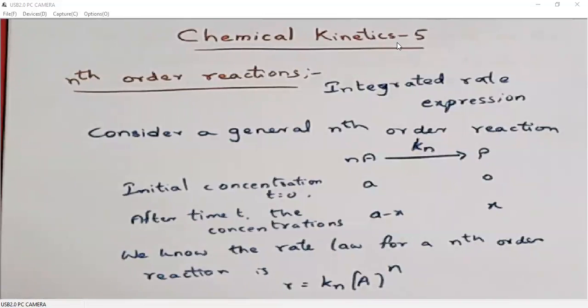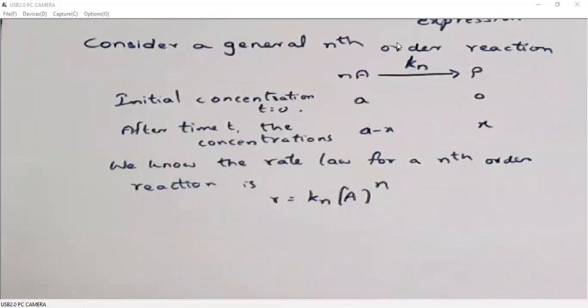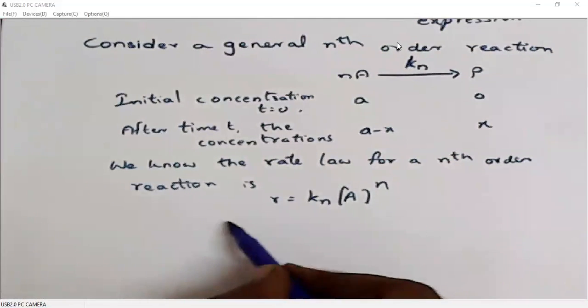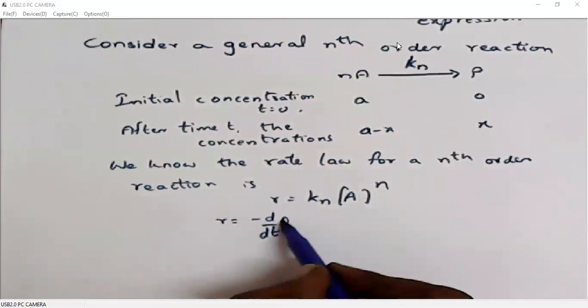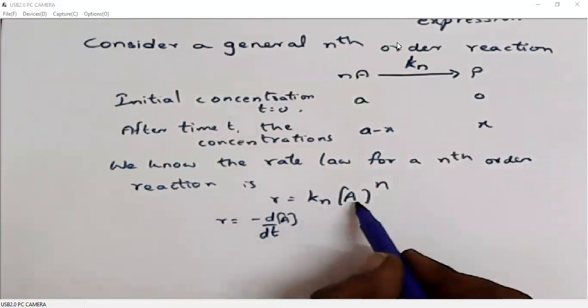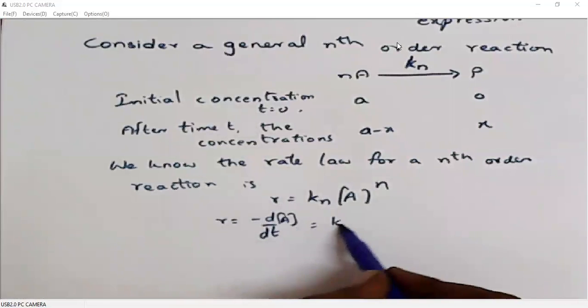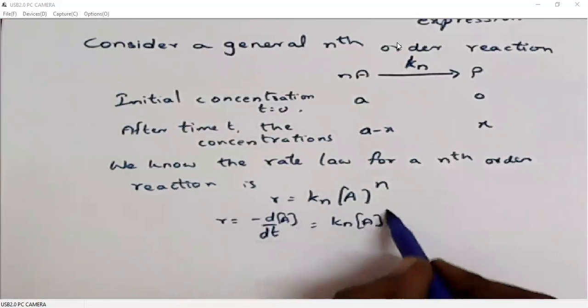This is the rate law for the nth order reaction. We know the differential form of rate is minus d[A]/dt with respect to reactant is equal to Kn into A power n.